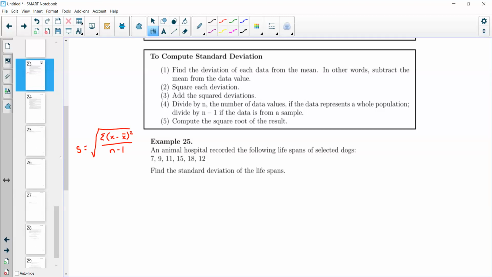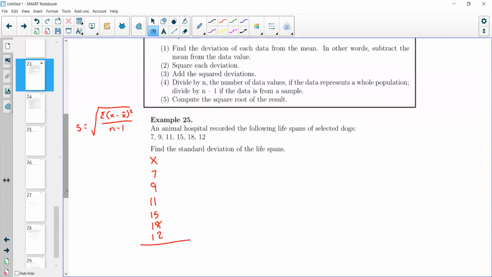So you don't have to do it the way I'm about to show you, but I highly recommend it because it makes it easier to keep track of everything. So I usually develop a table. I start out with my list of x's: 7, 9, 11, 15, 18, and 12.